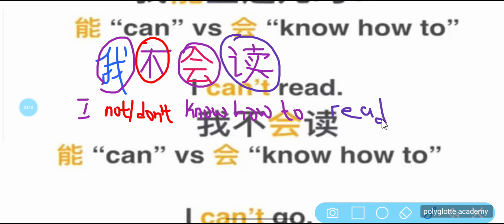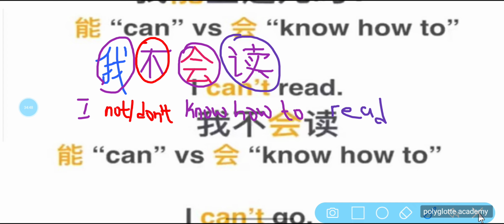So the whole sentence will be 我不会读. Which is translated as I don't know how to read. 非常好.